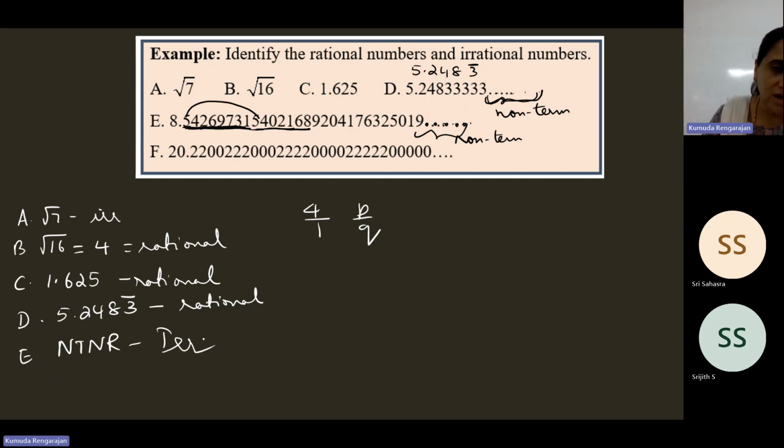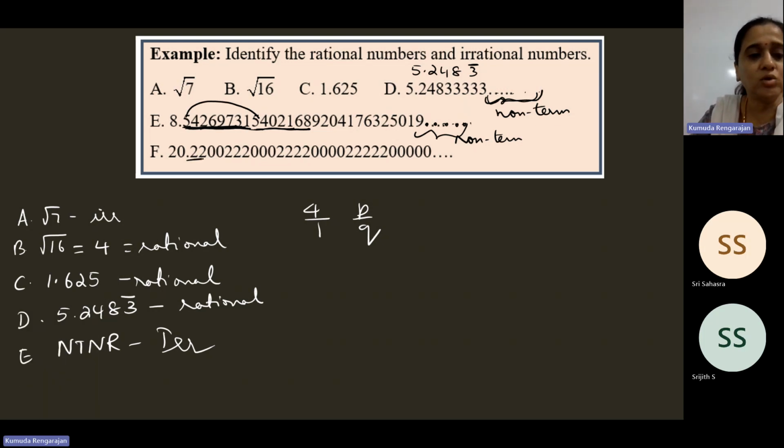The last one is 20.2200, 2200, 22200, 4 twos, 4 zeros, 5 twos, 5 zeros. No. That's not a pattern. The pattern should repeat itself. If that was a pattern, it should be 2 twos, 2 zeros, again 2 twos, 2 zeros, again 2 twos, 2 zeros. Here it is different.